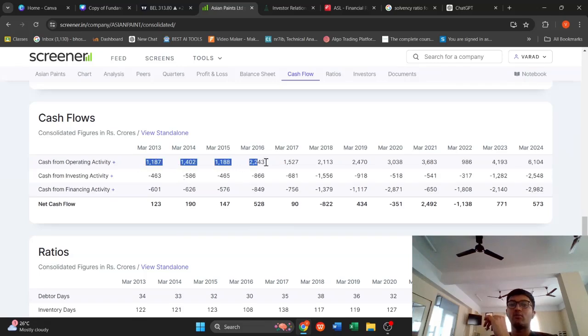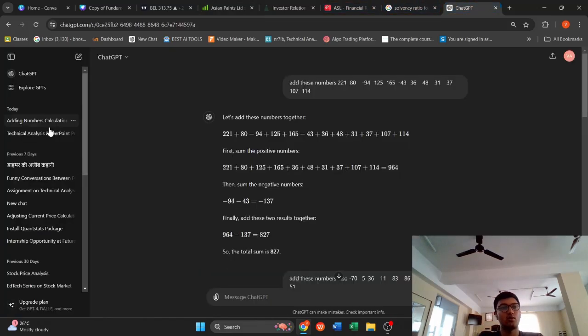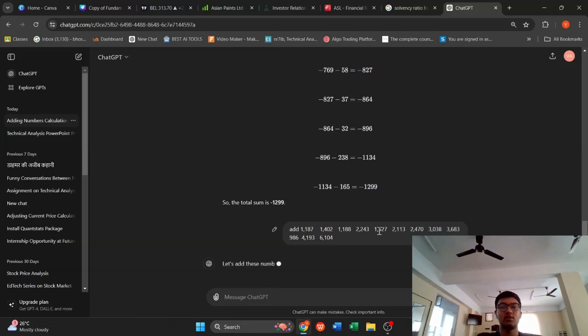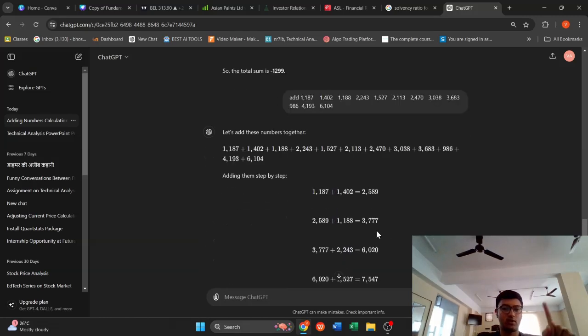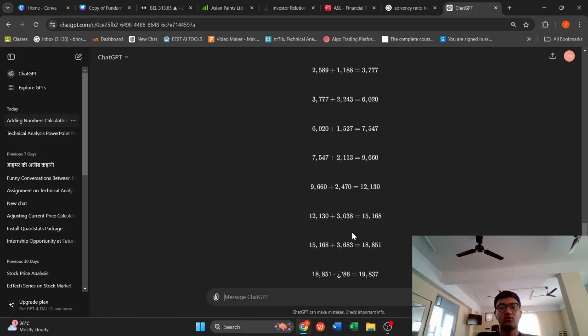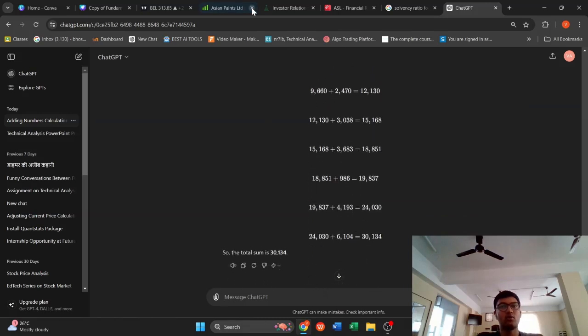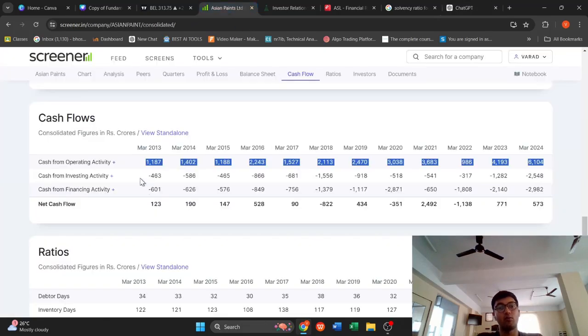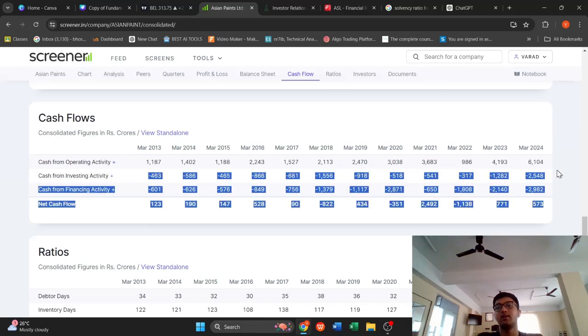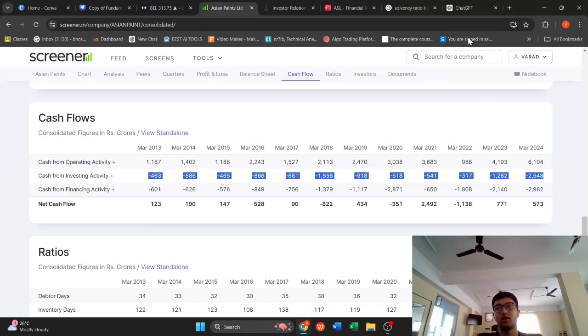You see the cash from operating activities, you sum up all of this, the amount of money that they have produced. Okay, it's good. But again, the chart is not consistent, so that's one negative point. So 30,000 crore rupees from operating activities just by selling paint, they have made money.